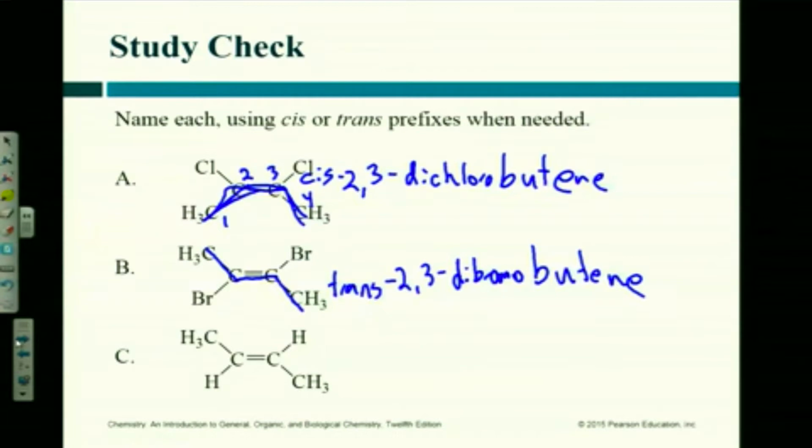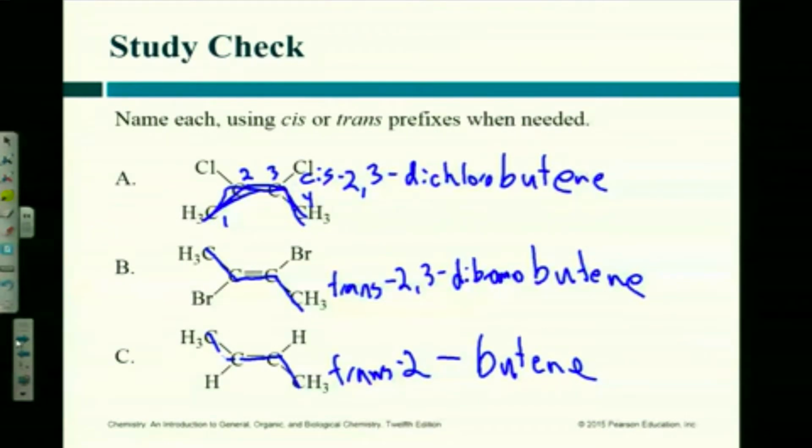What about this one? Longest possible carbon chain? 1, 2, 3, 4. So it's still butene, right? And it's not cis or trans. Oh, it is trans. Trans-2-butene. And I think in a minute they're going to not put the 2 in there. The 2 is a little bit redundant because if it's 1, you can't have cis and trans.